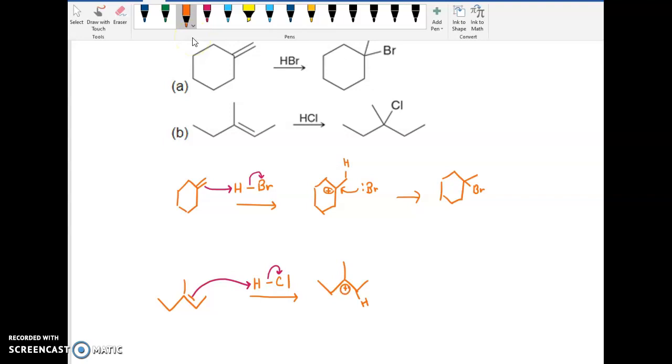And then the chlorine, it's negatively charged, it's going to come in and attack that carbon. And we'll get that, which is our final result. This hydrogen is, of course, still here. Usually we don't draw hydrogens. I'm just drawing it, trying to be clear.